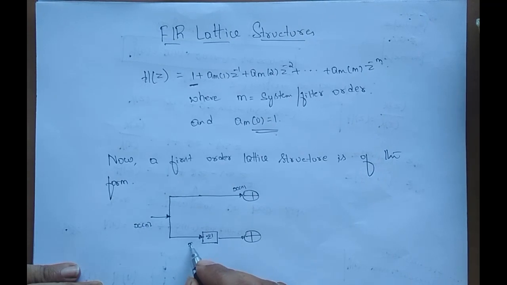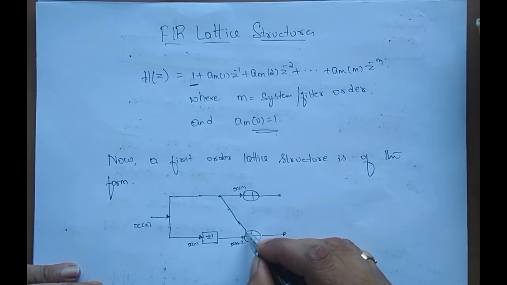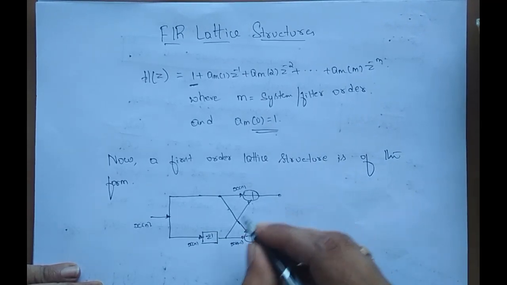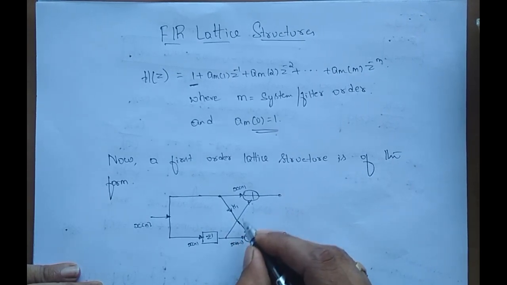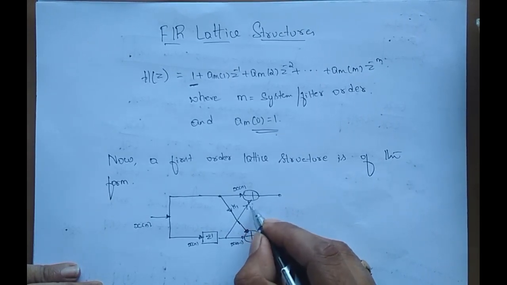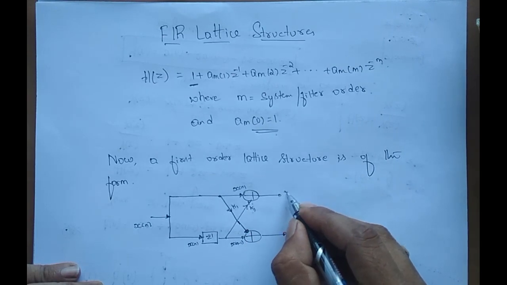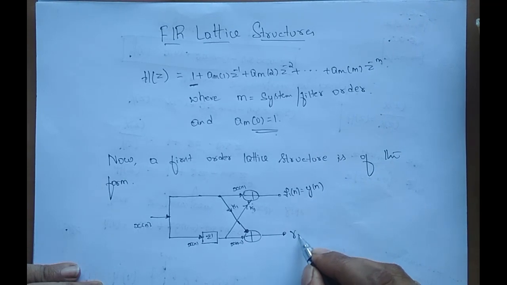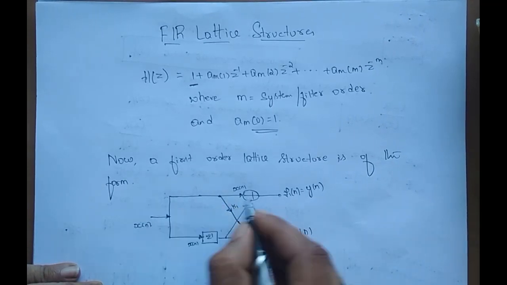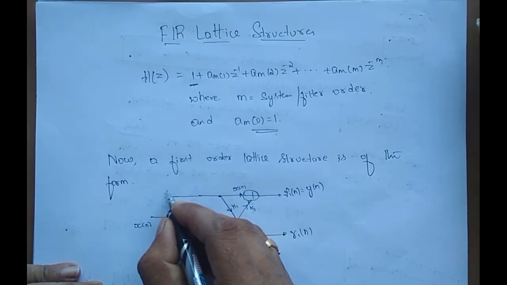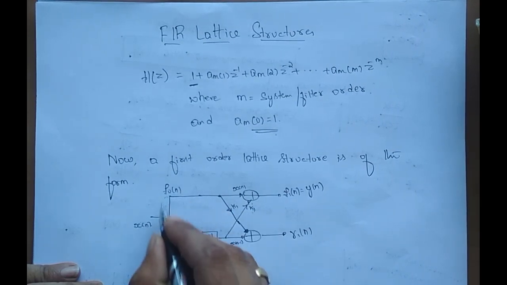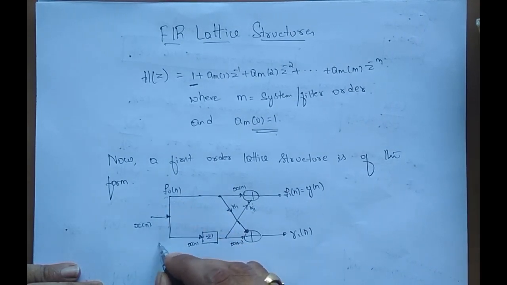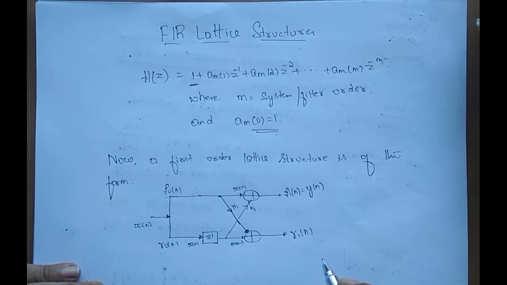The output of the delay is x(n-1), and these are the two outputs we get. Here we are multiplying the coefficients to the adder. This coefficient is called k1, and here also we are multiplying k1. This is called f1(n), which is nothing but our output y(n), and this is r1(n). The input going in here is called f0(n), which is x(n) itself, and this is r0(n), which is x(n) itself.